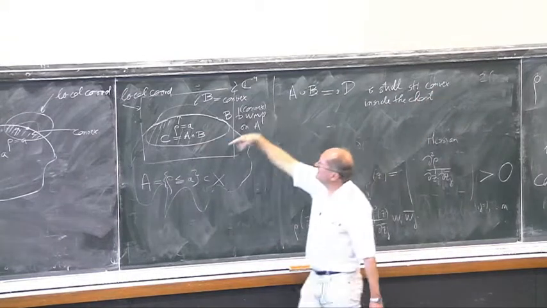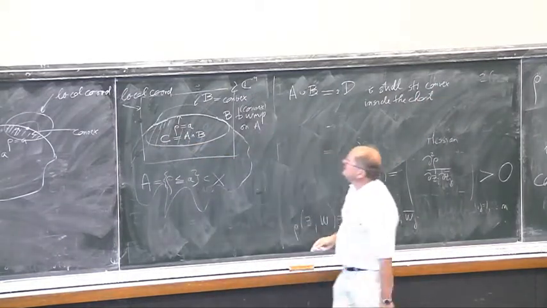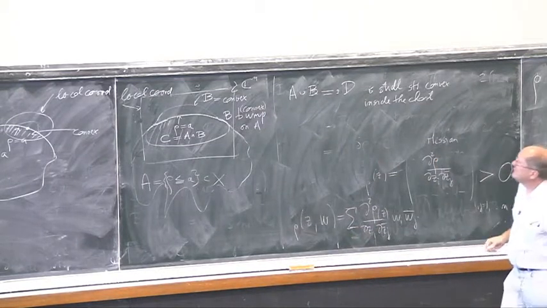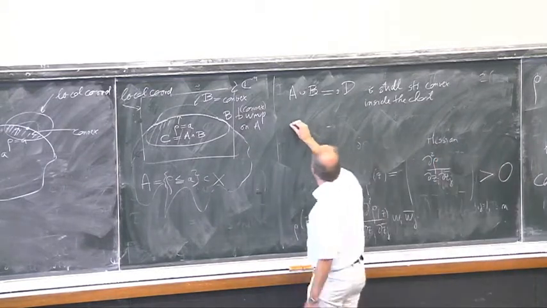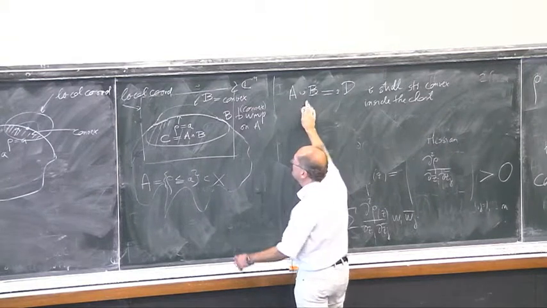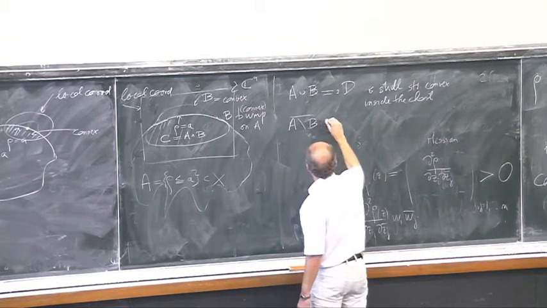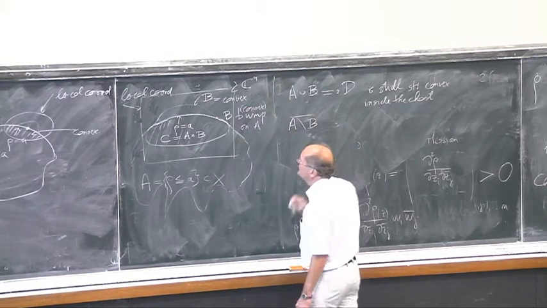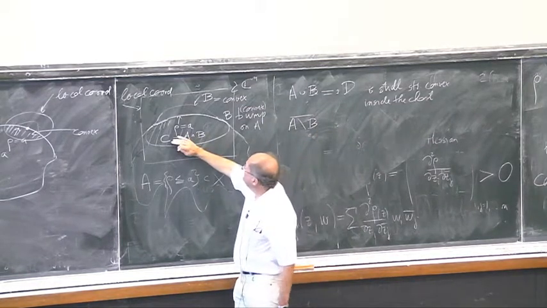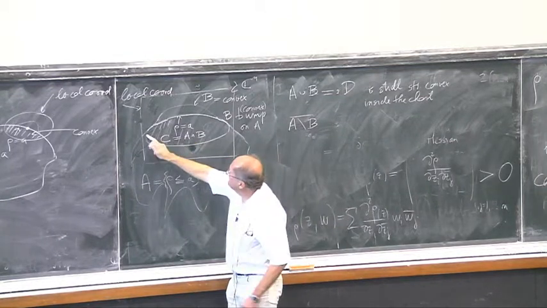So the piece in this rectangle, which I think of as being in Cn, is still convex. The rest doesn't matter. B is convex. I also want this key property that the difference of these two sets, A minus B, is what's below here.